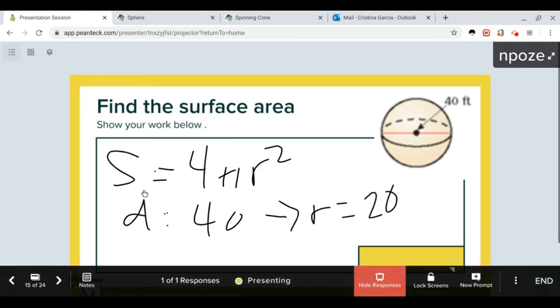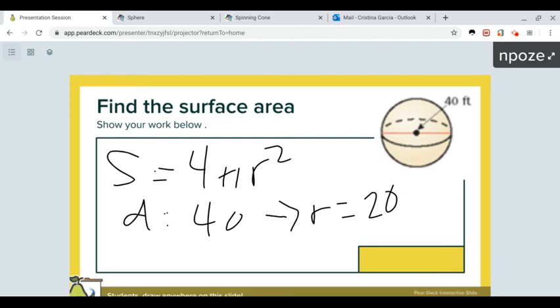Okay, so the surface area is 4 pi r squared. D equals 40. Therefore, the radius is equal to 20 because it's half of that. And now all that is left to do is pretty much plug everything back in there.